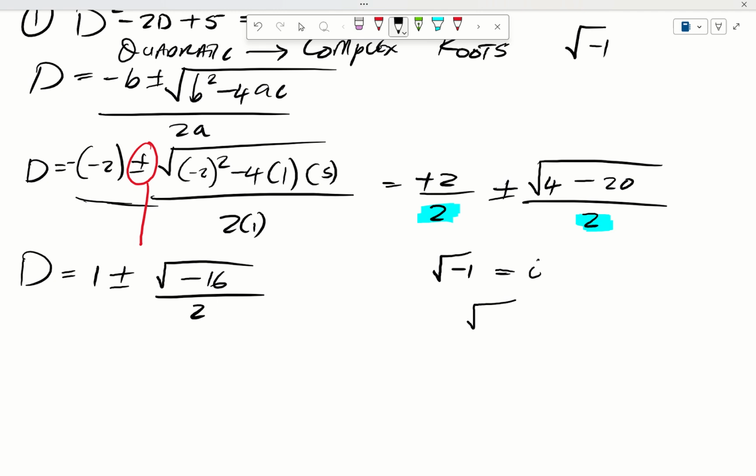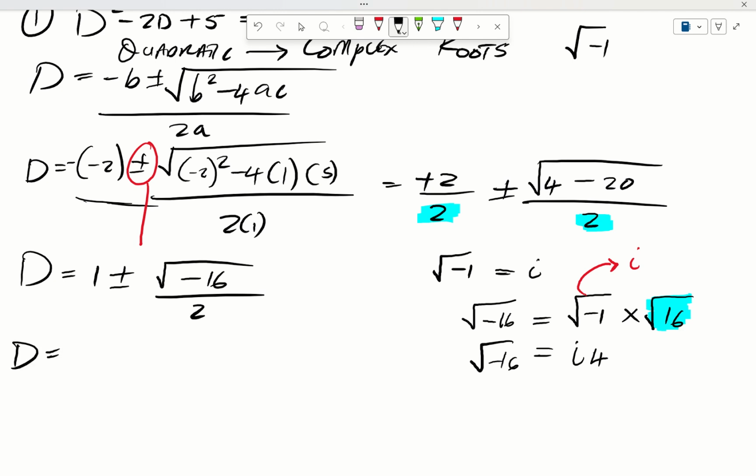So this simply means that we have the square root of minus 16, which is equal to minus 1 times the square root of 16. So we make it a positive square root by introducing the square root of minus 1. And we know that the square root of minus 1 is equal to i, imaginary. So the square root of minus 16 is equal to i times the square root of 16, and the square root of 16 is 4. So it's 4i basically.